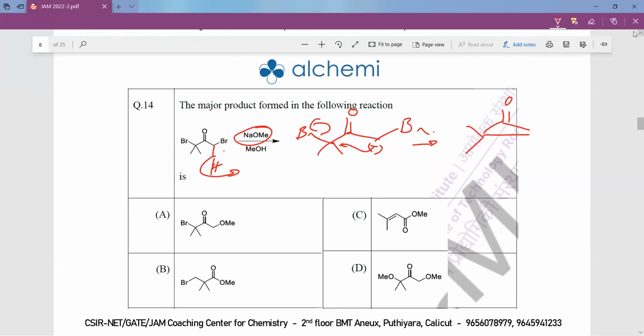Now OMe minus, so we have bromine here. OMe minus will come to attack this carbonyl carbon and it will eliminate like this. The next step, when it comes back, it will cleave like this.